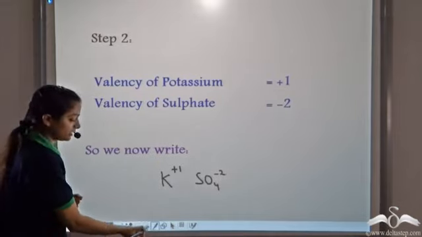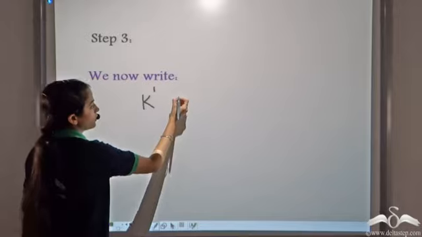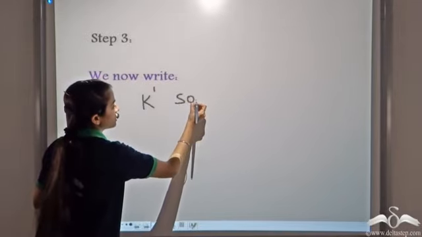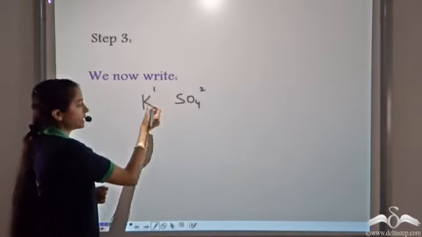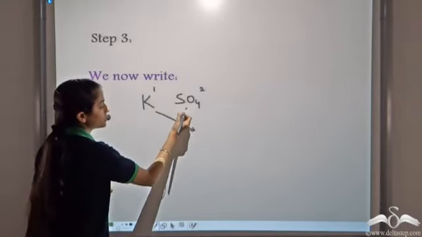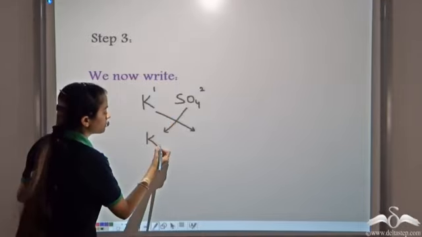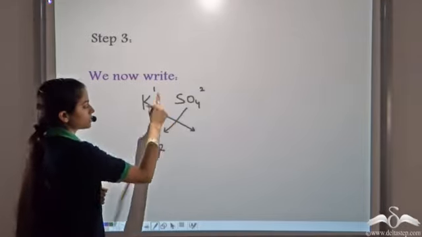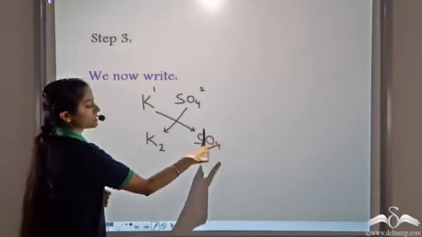In the third step, we interchange the valencies. So we have K +1, SO4 -2. We ignore the positive and negative signs, and we interchange the valencies. So the superscript here becomes the subscript, and the superscript here becomes the subscript.